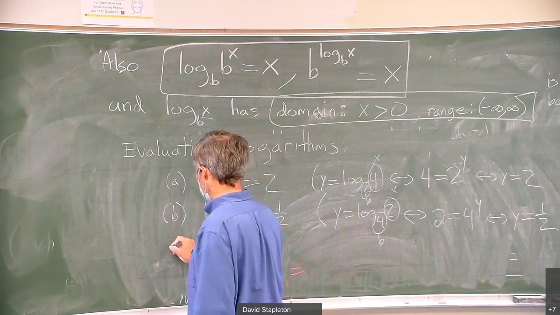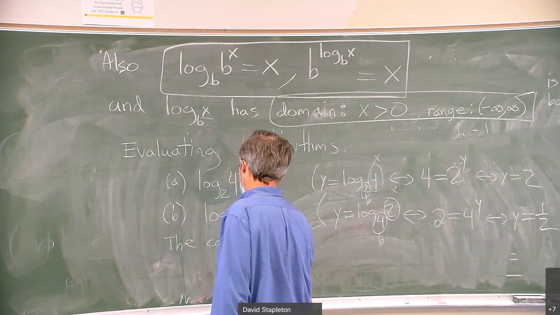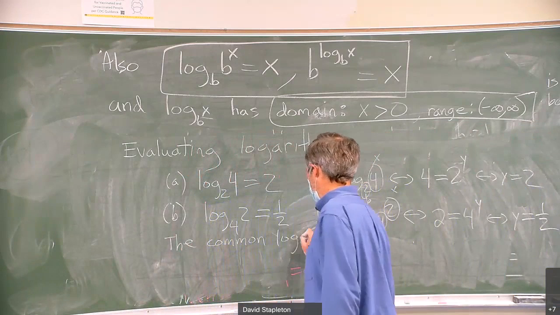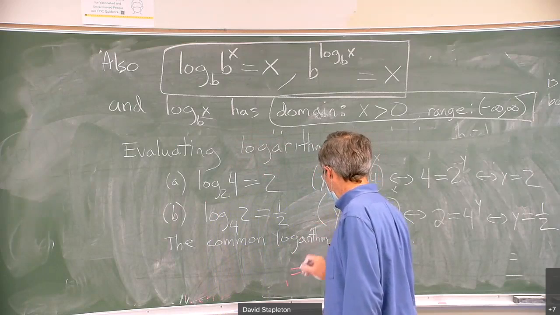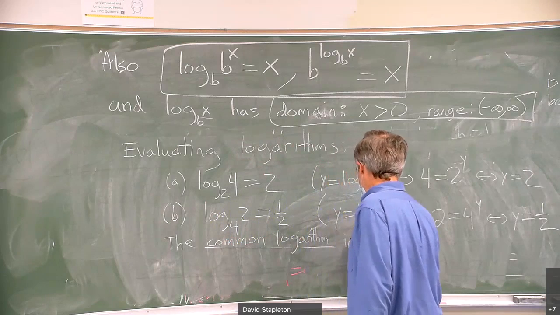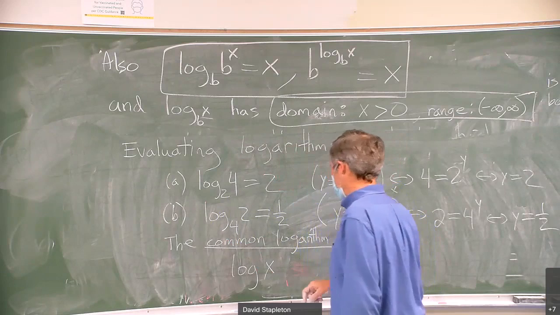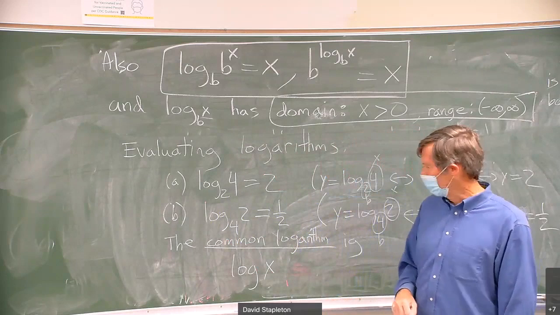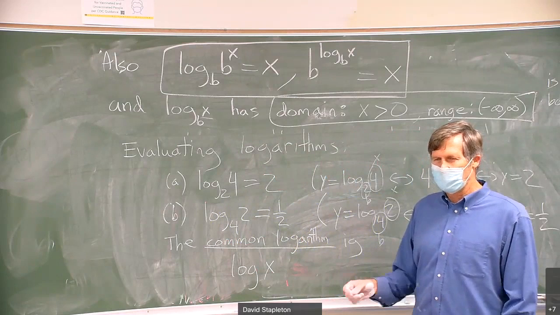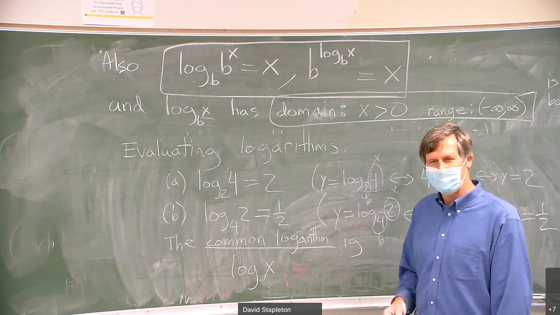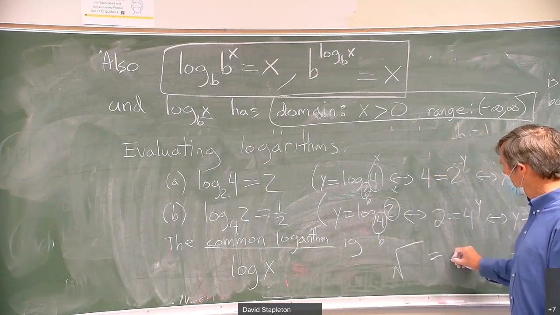How about this one? Now, the common logarithm. We didn't talk about that yet. It's log x. I didn't write down a base on that. Why do you think I didn't write it down? It's so complicated, we get tired of writing it. It's like square root. If I write this, what does that mean? It means second root, right?